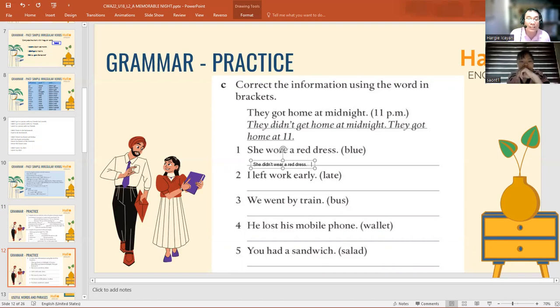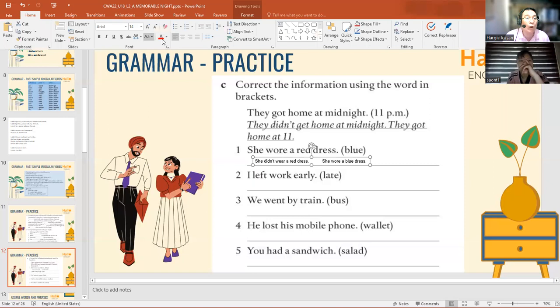Or we can also say that she wore a blue dress. Okay, so she didn't wear a red dress, but she wore a blue dress.